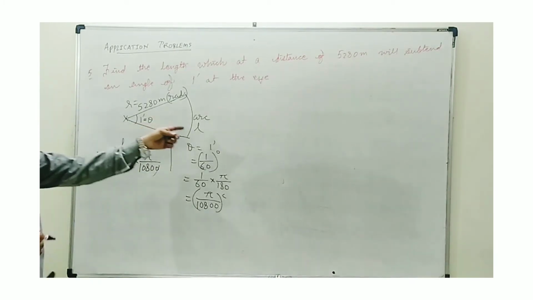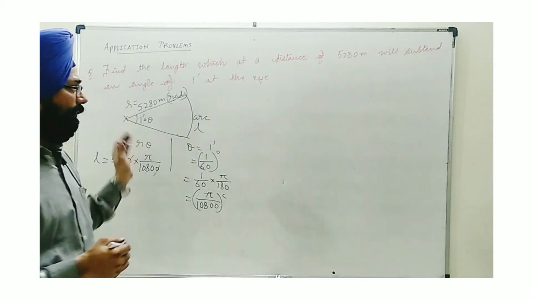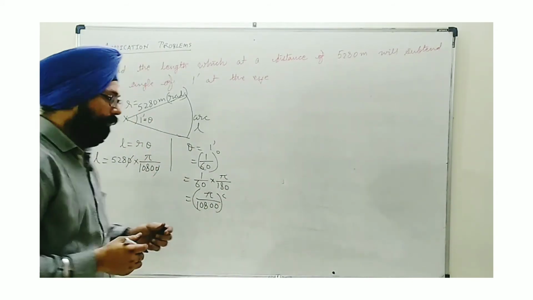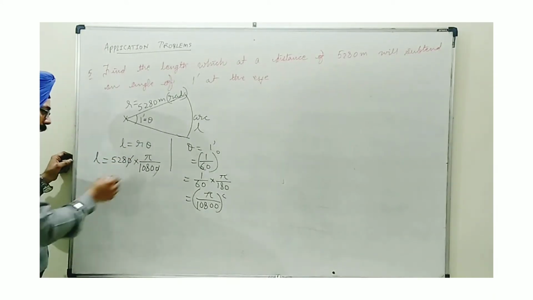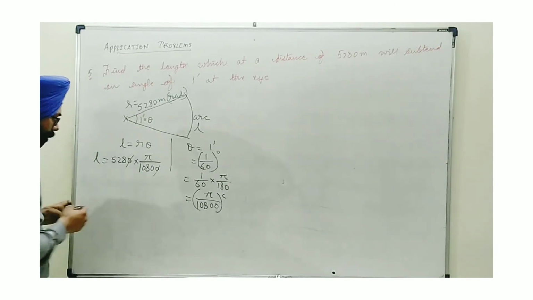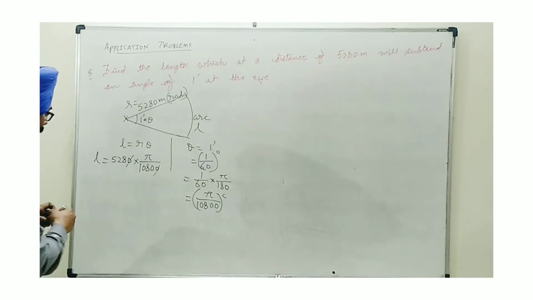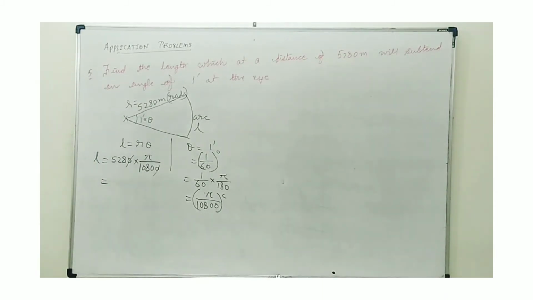Now as we are finding the arc length, if not mentioned anything, you can use pi in the answer, or you can put the value of pi as either 22 by 7 or 3.14. By the way, here we simplify, do the cancellations and write the final answer.